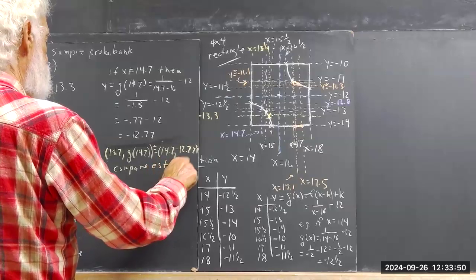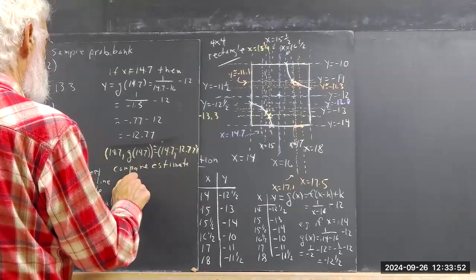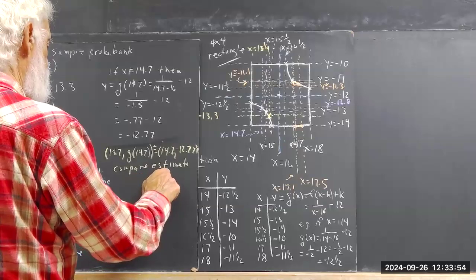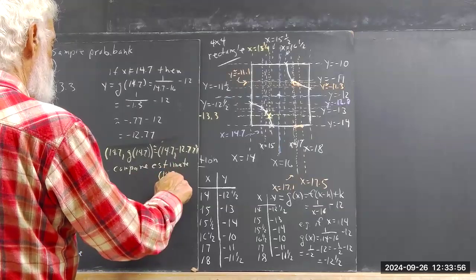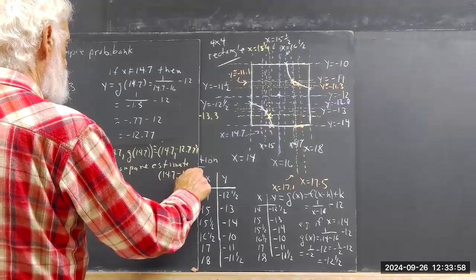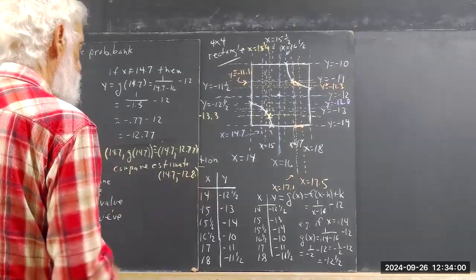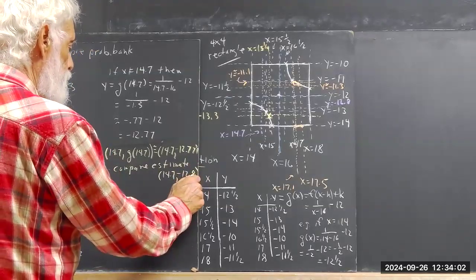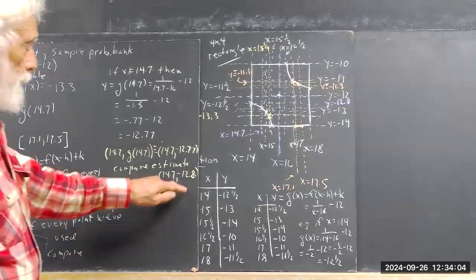Here our estimate, -14.7, -12.8. Our estimate is good, down to the 10th.